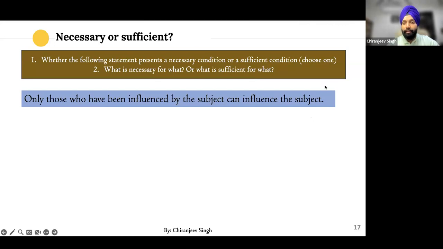What about others? Is the statement presenting a necessary condition or a sufficient condition?